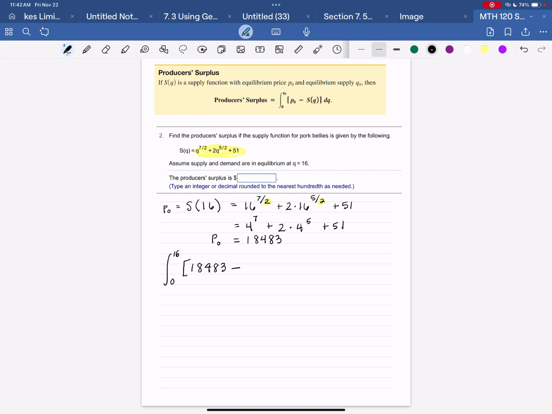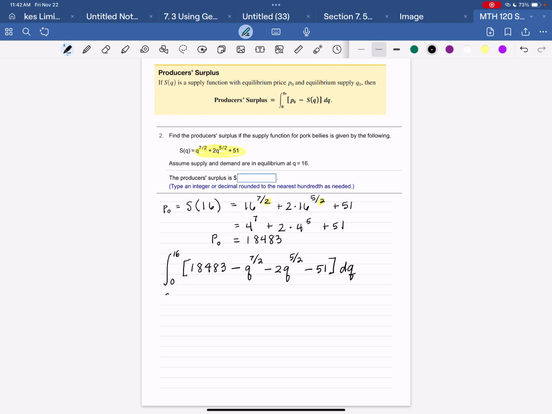So it's going to be minus Q to the 7/2 minus 2Q to the 5/2 minus 51. And of course, it's an integral, so we need the differential dq.